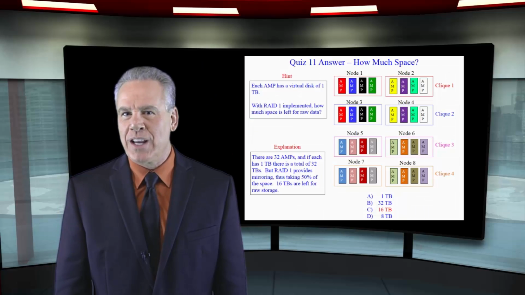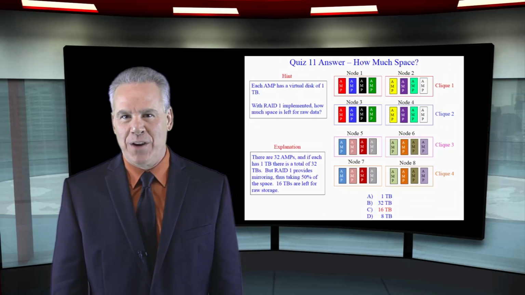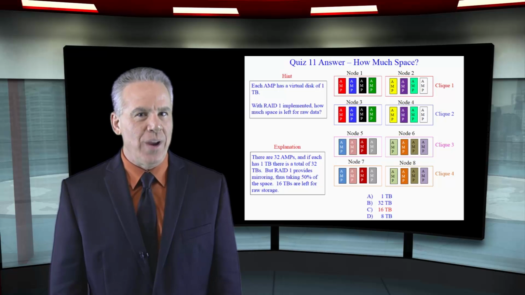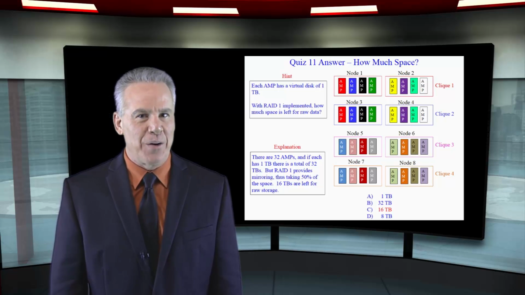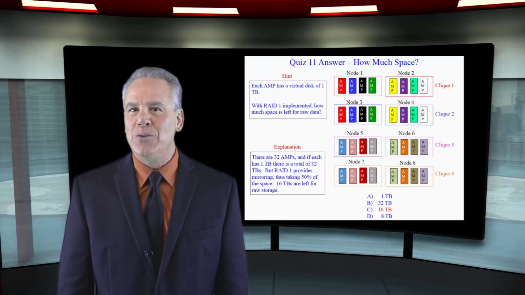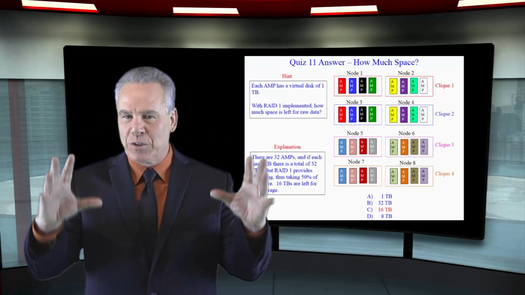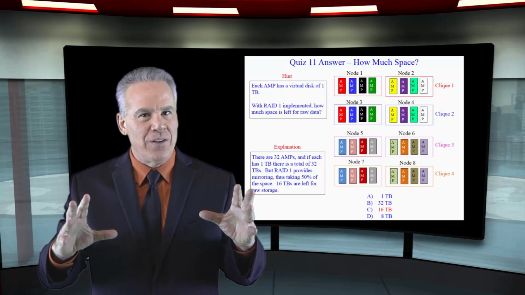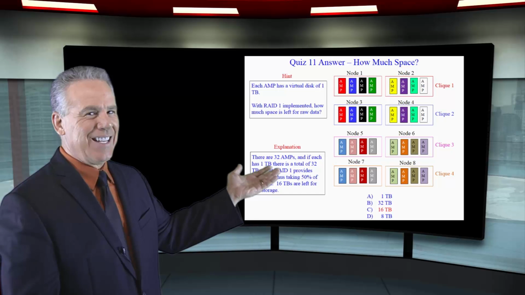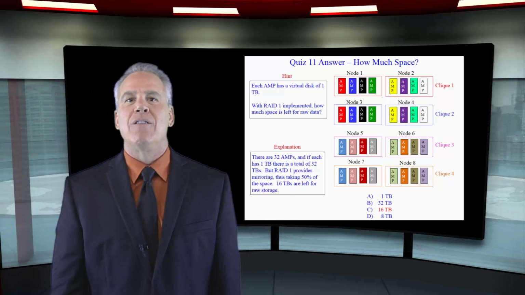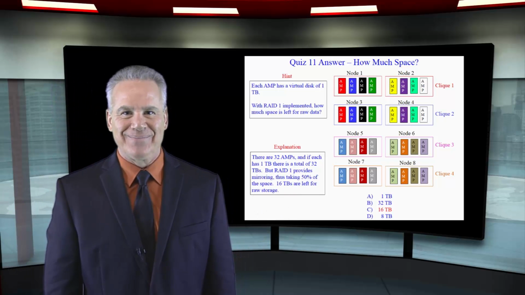There's a 50% overhead with RAID 1 mirroring. So if we have 32 amps and each amp has a virtual disk of 1 terabyte, we'd have 32 terabytes of real space. But when that's mirrored, 50% overhead, we've only got 16 terabytes left for raw data.